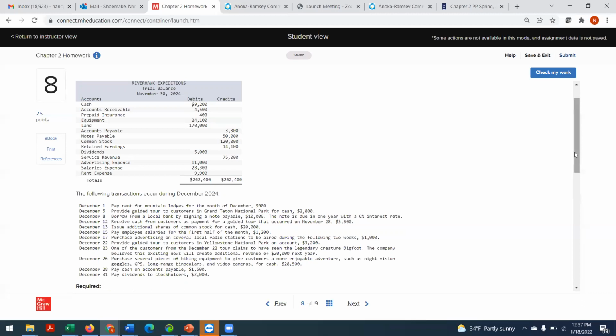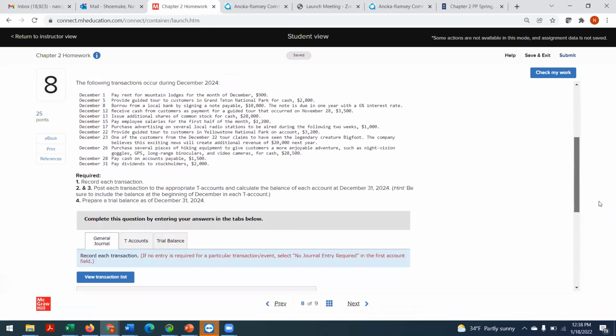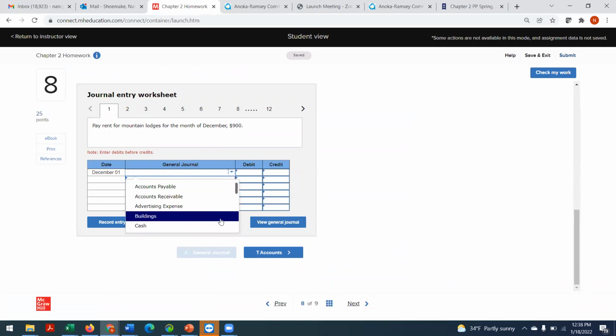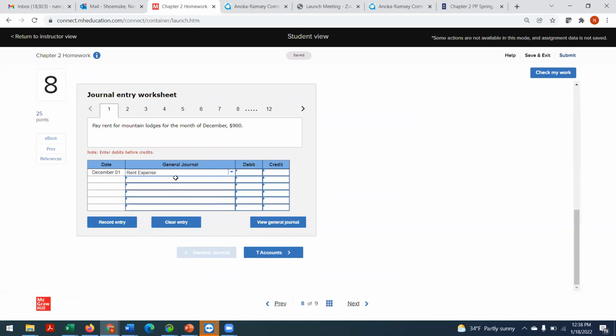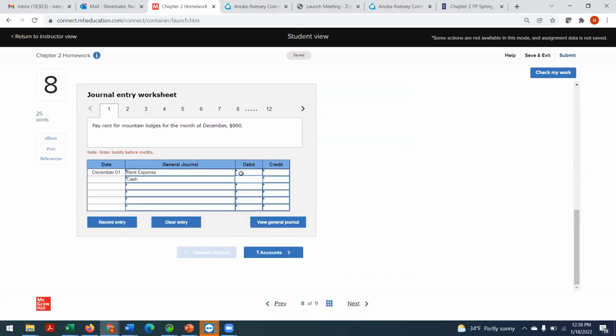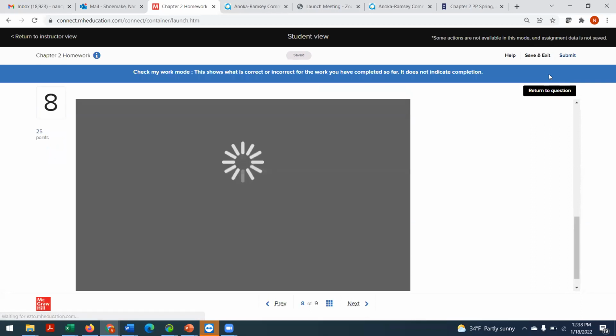So if you pay, it's usually a credit to cash, and rent would generally be a rent expense. So you could click on this and find your different accounts. Usually you should see a rent expense here. And then you would be crediting cash for, how much was it, 500? Excuse me, $900.